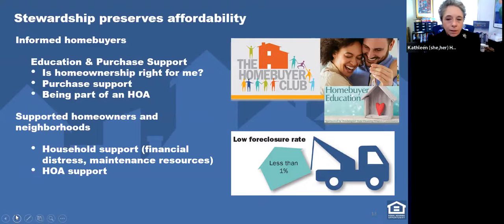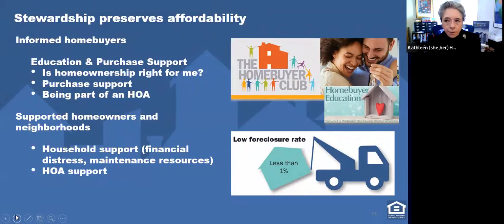For some people, rental housing is the right choice, and we want them to make that decision based on good information. But if it is right for them and they proceed, we want to provide purchase support and connect them with home buyer education. We have a home buyer club that's part of our outreach.